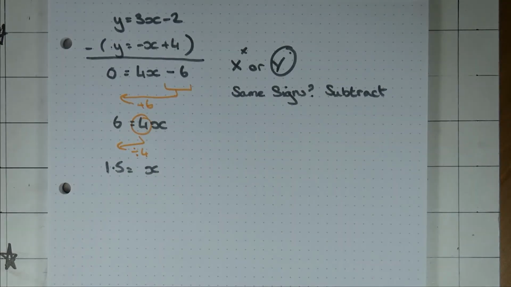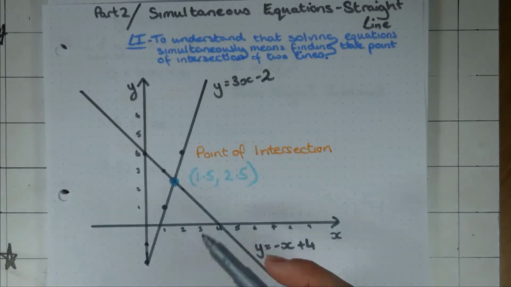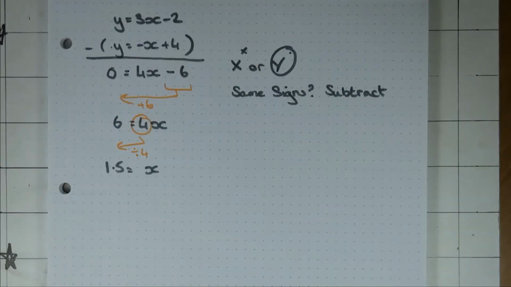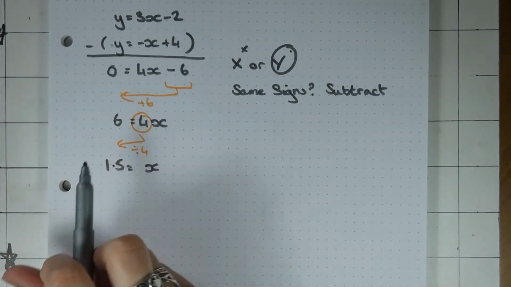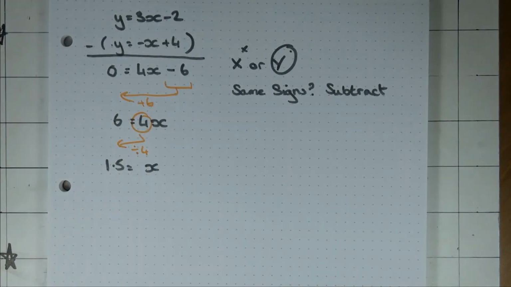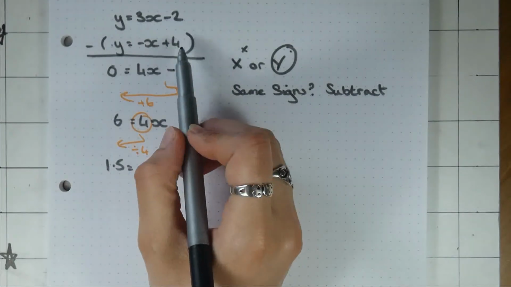Now, I'm just going to show us this again. x equals 1.5. So this thing about solving these equations simultaneously gives us that point of intersection seems to be true. But we've only found x and we need to find y. And this is our last little step, is we say, well, we're going to just substitute in. You can substitute to either of these equations, it does not matter.